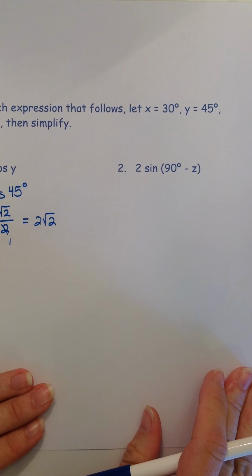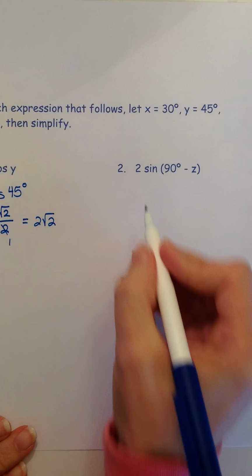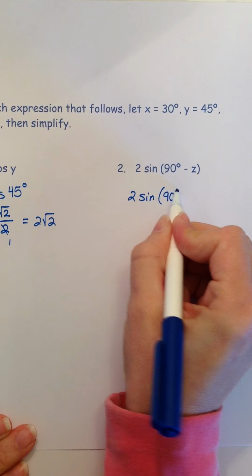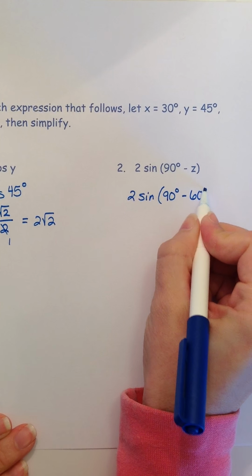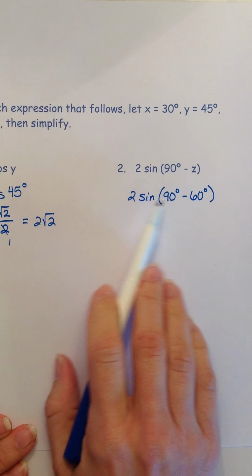Alright, the next one, we have 2 times sine of 90 degrees minus z. Now I told you to let z equal 60 degrees, so we have 2 times sine of 90 degrees minus 60 degrees. Now you're going to have to do this subtraction first.